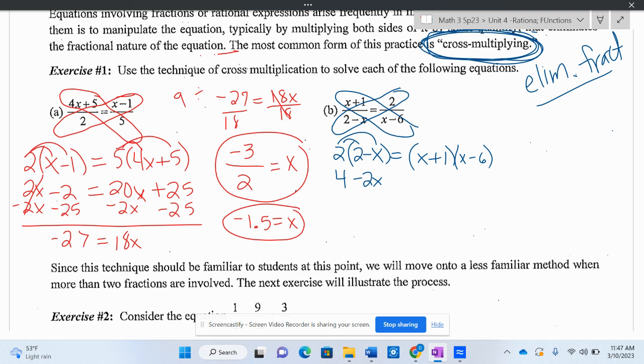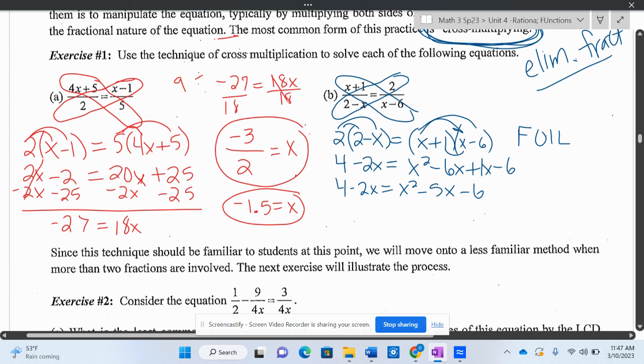But on the right side, oh, I have to do your favorite F word, which is FOIL. x times x is x squared. x times negative 6, 1 times x, and 1 times negative 6. Okay, so now what? So 4 minus 2x equals x squared.